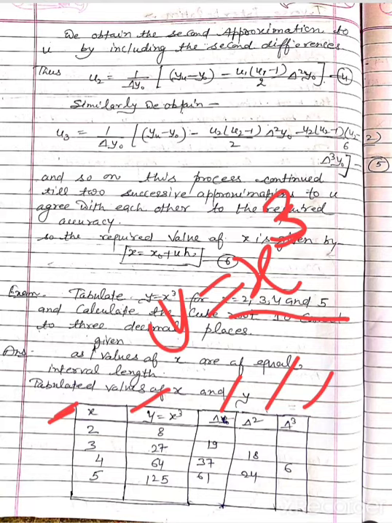At x equals 2, the value of y is 8; at x equals 3, y is 27; at x equals 4, y is 64; and at x equals 5, y is 5 cubed, which equals 125.